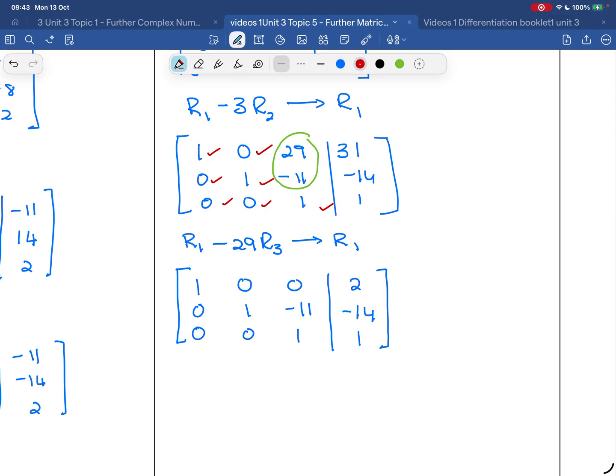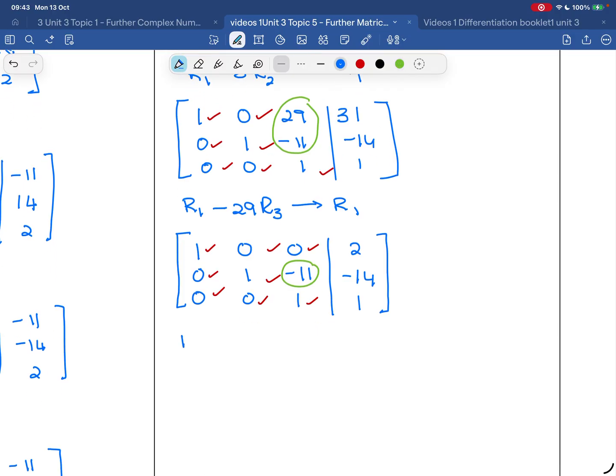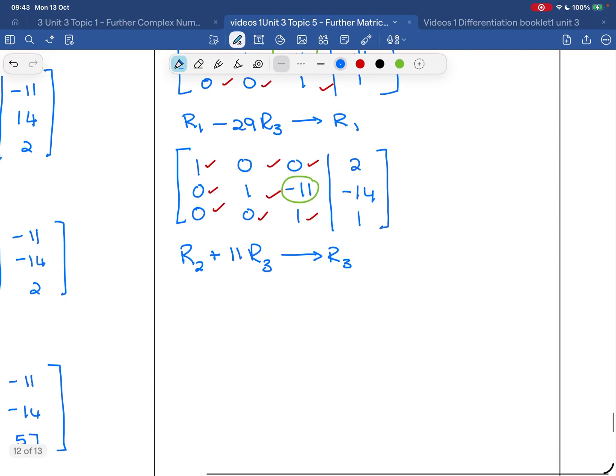All right, now I've got ones, I've got all my zeros, and all I'm left with is this negative 11 that has to become 0. And I can see that if I use row 3, I reckon I can get that 0 over there. So I'm going to say row 2 plus 11 row 3, and I'm going to pop that into row 2.